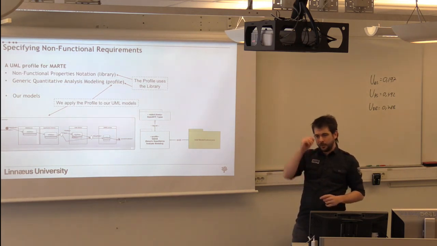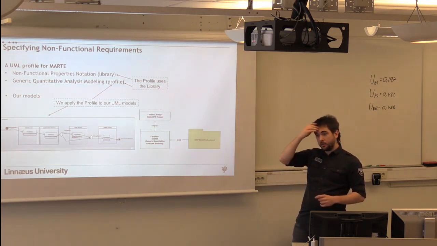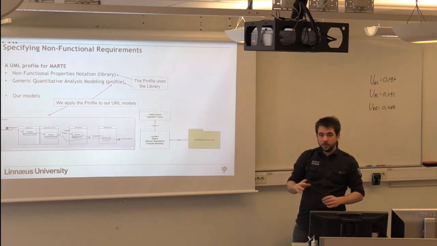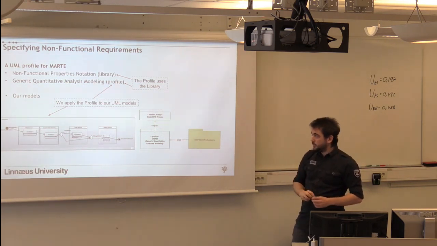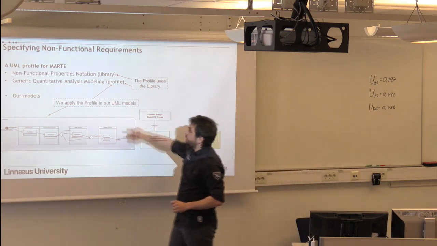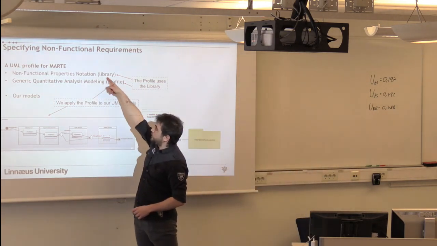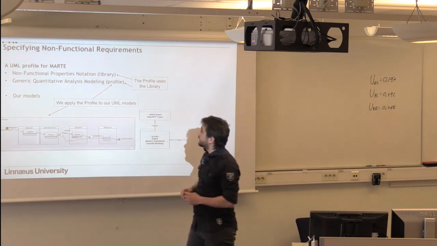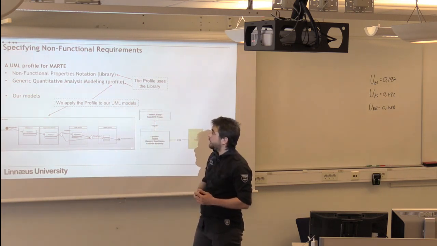I think it's also specified in my Moodle: it's the link to the full document, and it says in which chapters you can concentrate. So the profile defines the stereotypes and uses the data types in the library.